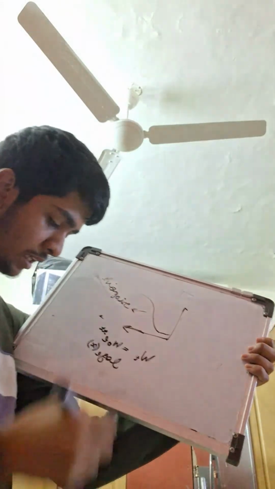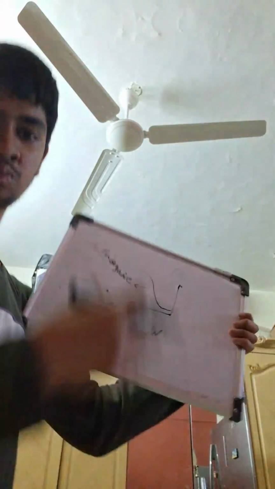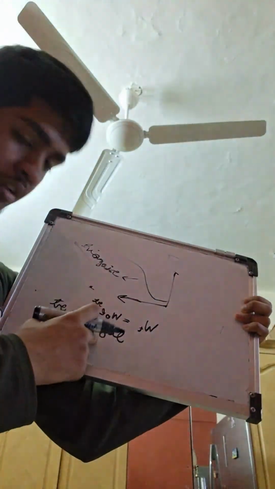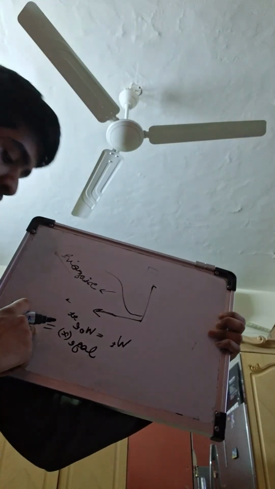Log to the base e of x is equal to rt. A bit of biology mixed with mathematics. So Wt equals W naught e raised to rt. That is how you show this curve.